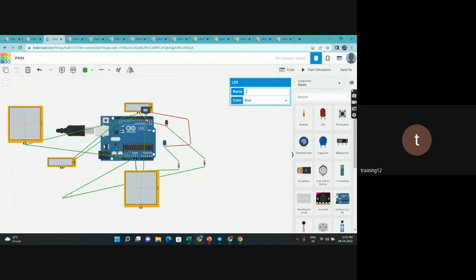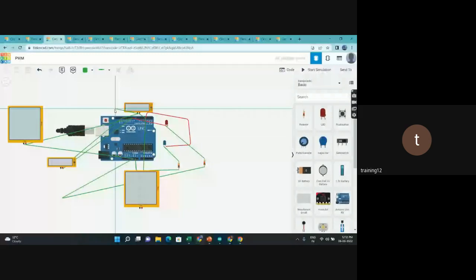So these are the PWM pins, 3 and 9. Here the multimeter's positive pin is connected to the pin where the LED's anode pin is connected.